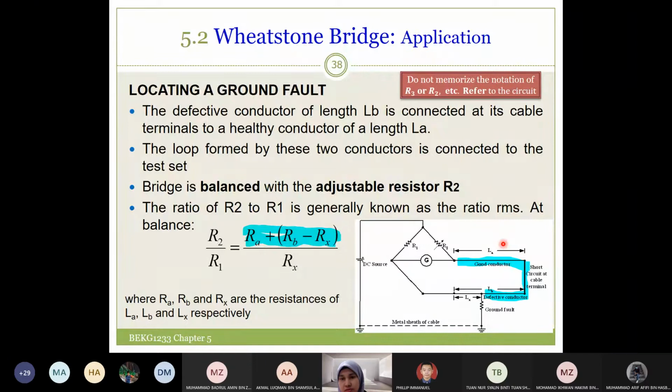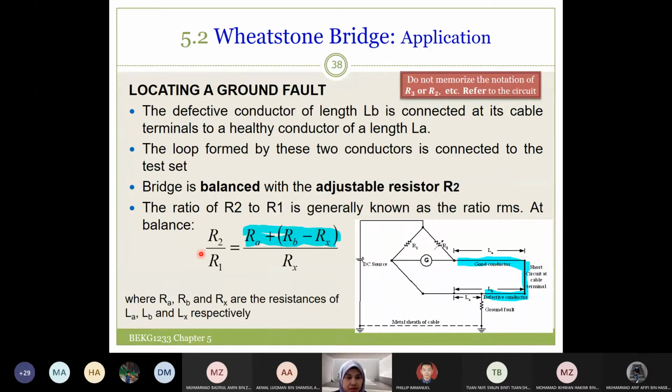I think you can understand. The green one is from the end of the galvanometer, or the end of R2, until the fault point, the location of the fault.